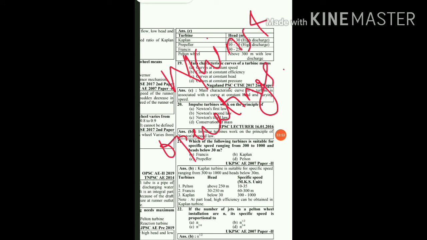Then question number 19, what the main characteristic curve of a turbine means. So basically there are two types of curves. First is the main characteristic curve, and second is the operating characteristic curve. Main characteristic curves are plotted with a constant head, that is maintaining the head constant, and operating characteristic curves are plotted by maintaining the speed constant.